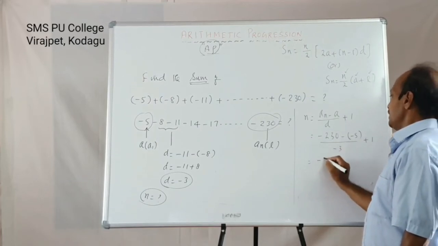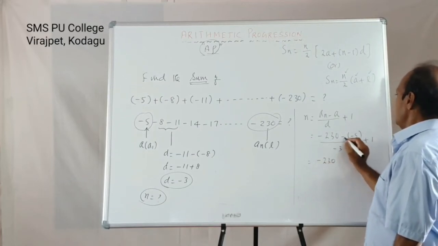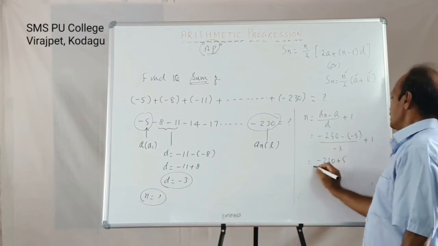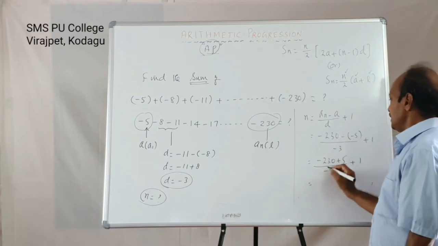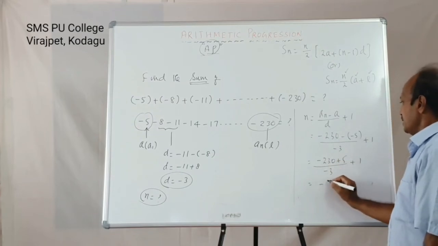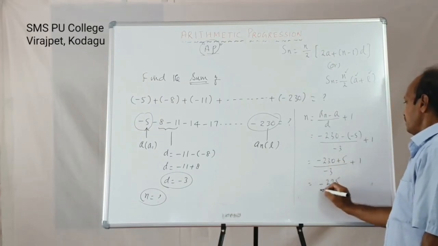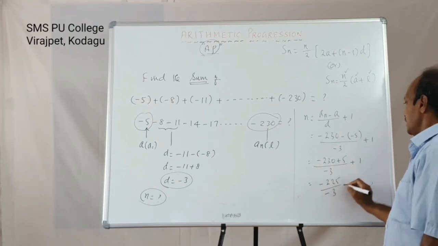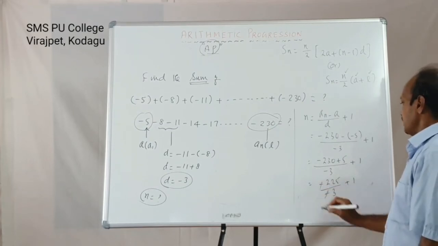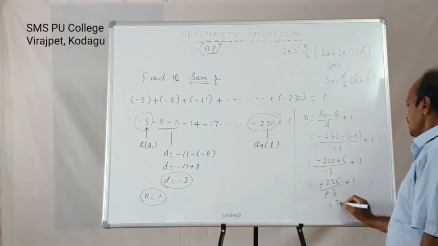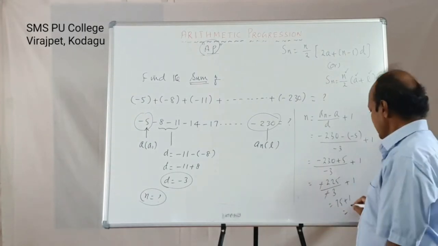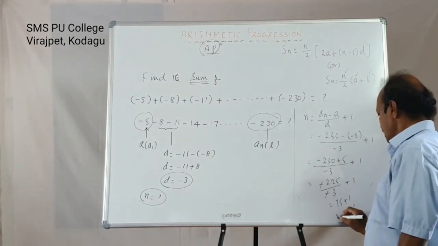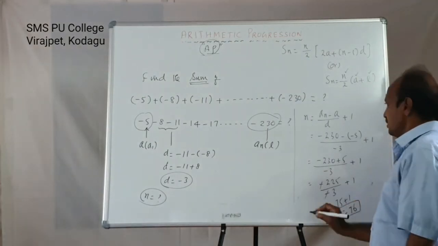Here, how much will we get? Minus 230, minus into minus is plus, so minus 225 by minus 3 plus 1. Minus and minus get cancelled. It is nothing but 75 plus 1. Therefore, we will be getting 76. Therefore, the value of n is 76.